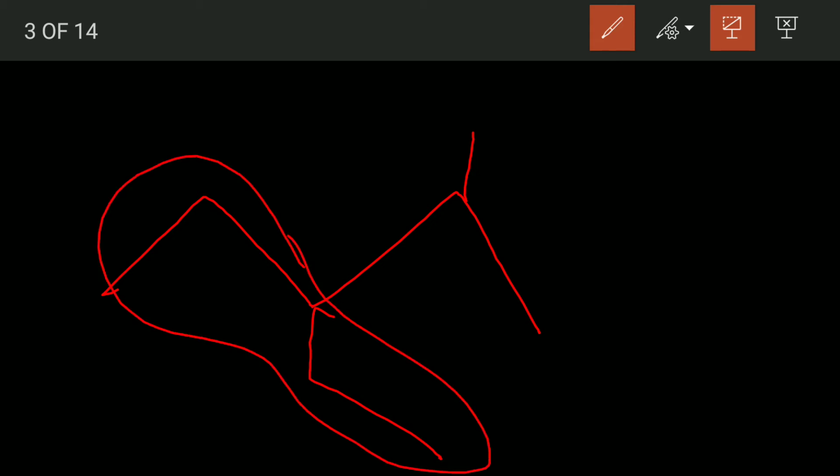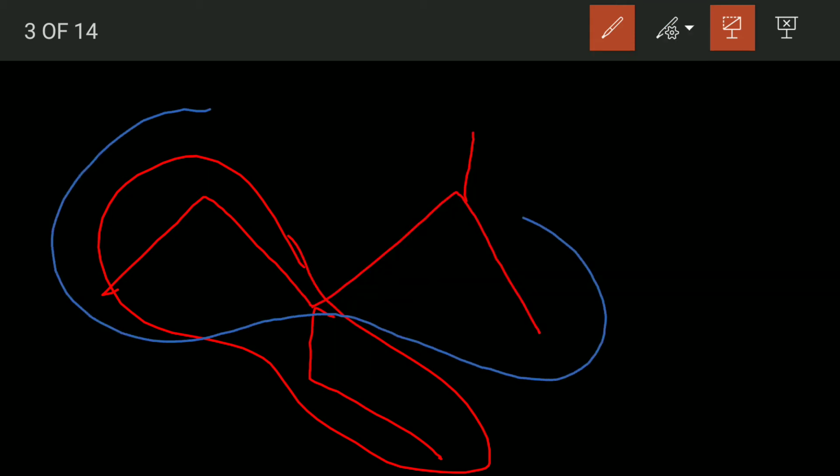But in this case, locants are involved. So this chain and the other one are showing the same length.